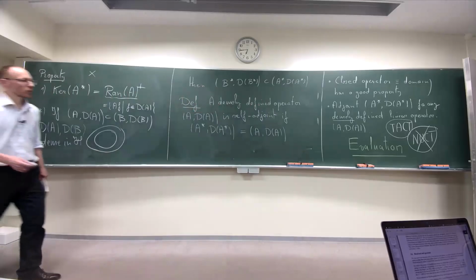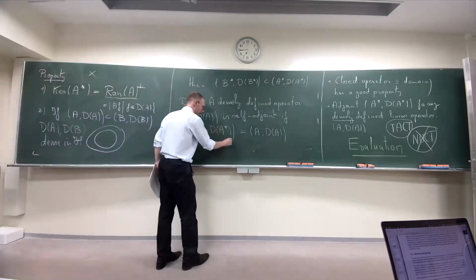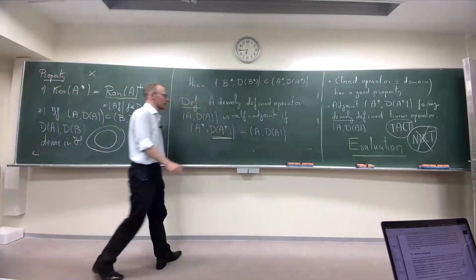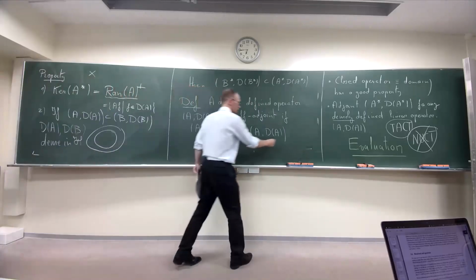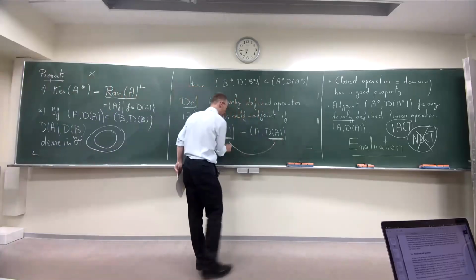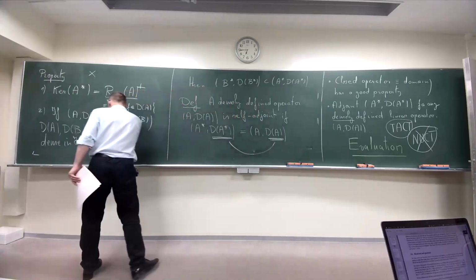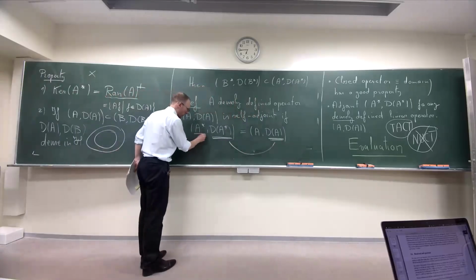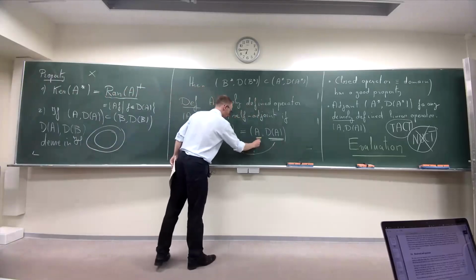But here, this is more precise, because please observe that you need to have an equality between the two domains. The two domains have to be equal. And then on these two domains, which are now equal, A* has to be equal to A.